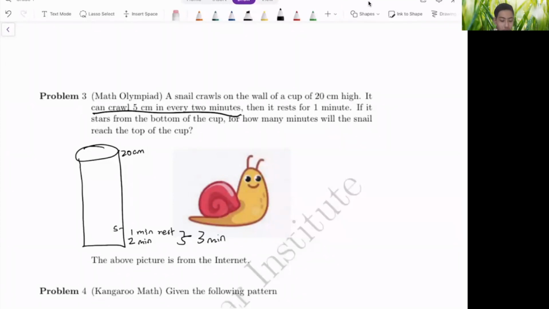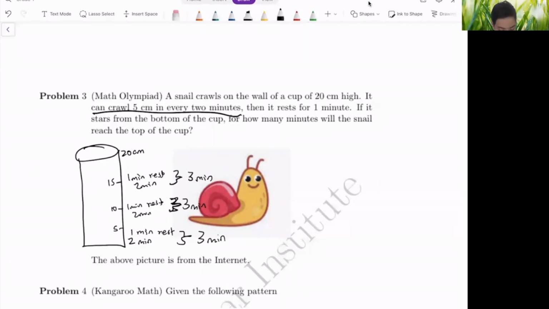So now let's go to 10. Again, 1 minute rest and 2 minutes climbing. That's another 3 minutes. And now let's go to 15. We can see that he takes another 1 minute's rest and 2 minutes of climb, and that is just another 3 minutes. And then once he gets to the top of the cup, now let's see.